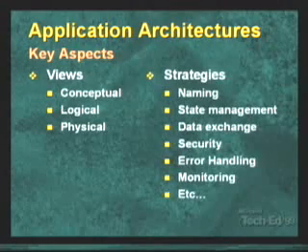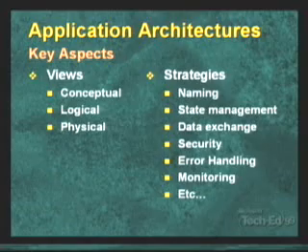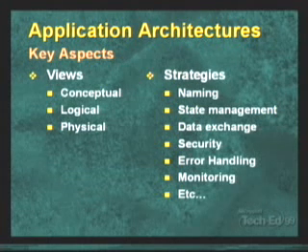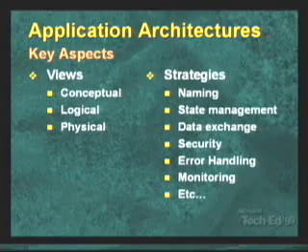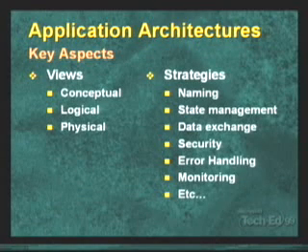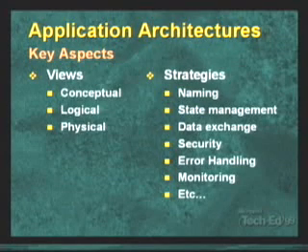Some of the things I think are really important to do when you're doing component-based architecture in particular are to come up with some strategies for common tasks. These are things that you want to be the same across your application, or at least you have a small set of options across the application. The first is about naming. You want to have a fairly consistent programming model for your components.